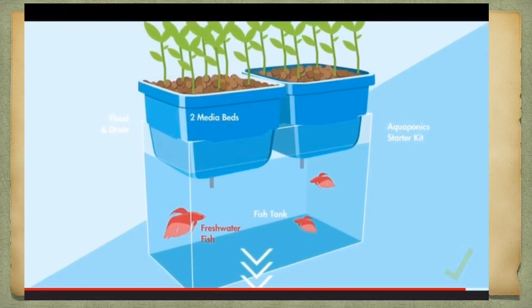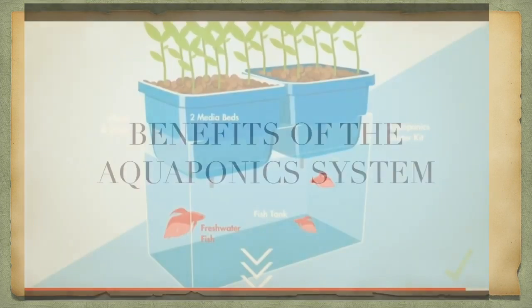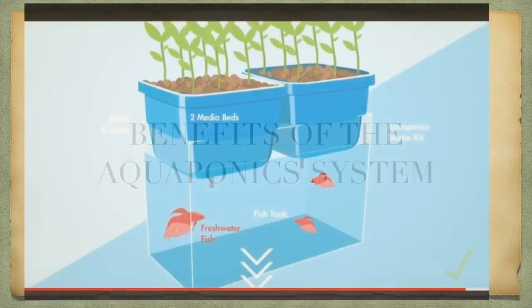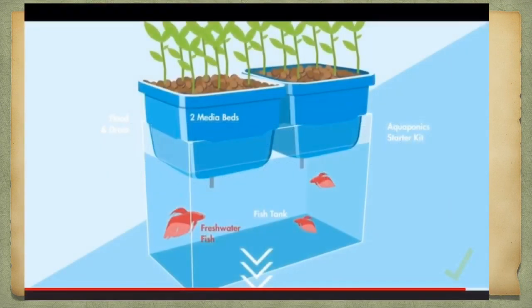So once this happens, then the water from the fish tank containing the feces is pumped up onto the grow bed, after which the plant roots now will absorb the nutrients from the water with the waste, and by doing this clean the water, and clean water returns into the tank. So this is an ongoing process that happens in the fish tank.